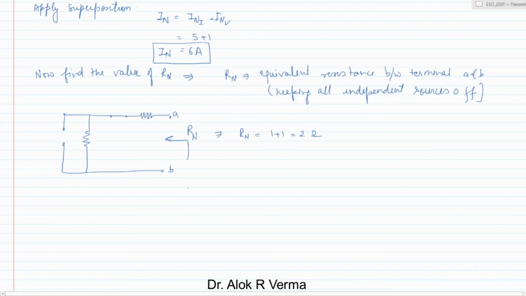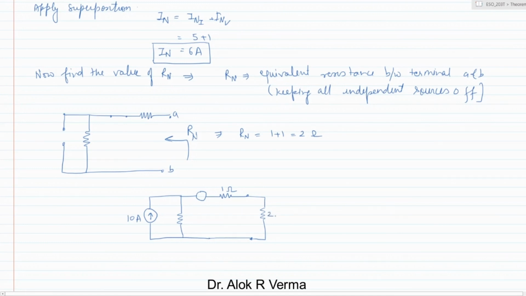So for the Norton's equivalent circuit, we have converted the complete circuit with 10 ampere, 1 ohm, and 2 ohm.